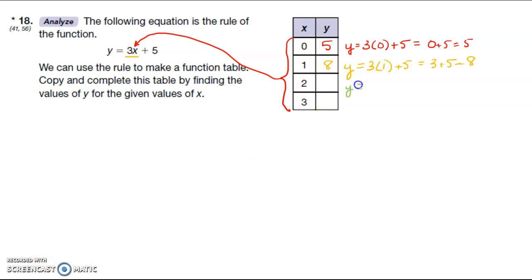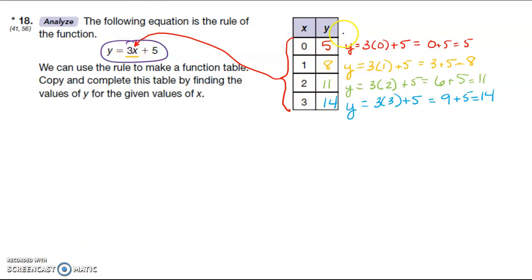Y is equal to 3 times, and this 2 is going to go where x is, plus 5. So we have 6 plus 5 is equal to 11. And then lastly, I have y is equal to 3 times 3 plus 5, which is 9 plus 5, which is 14.